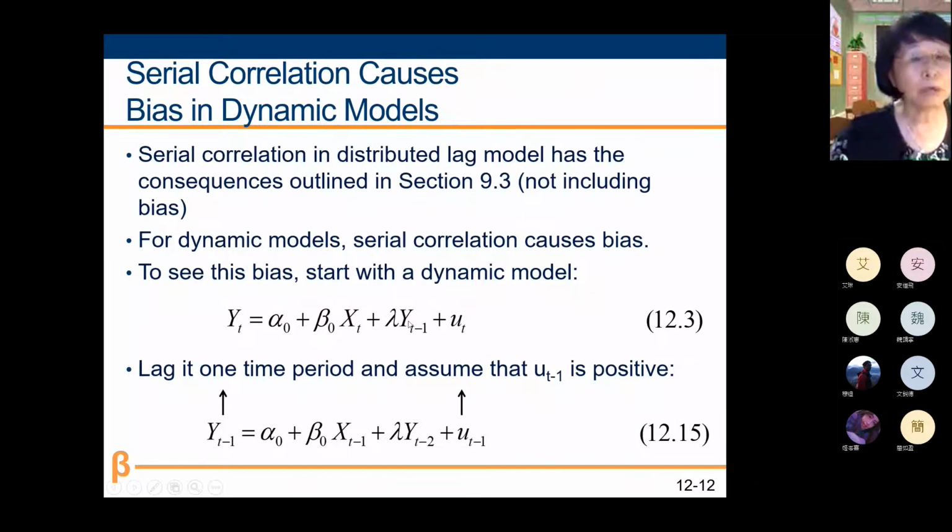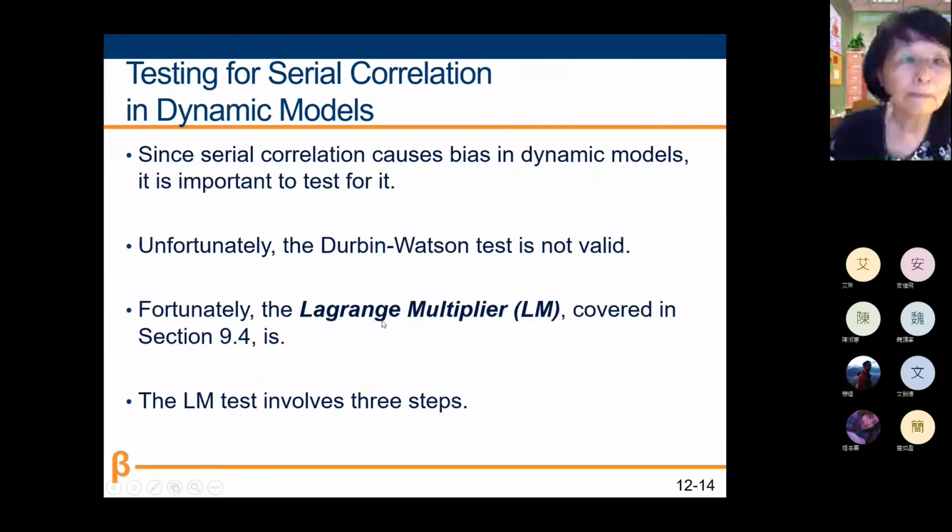I think this is the most severe assumption that we don't meet with dynamic models, because a dynamic model usually always has the lagged dependent variable. Therefore, in order to test serial correlation in the dynamic model, the Durbin-Watson test cannot be used. So only the Lagrange multiplier test has to be used.